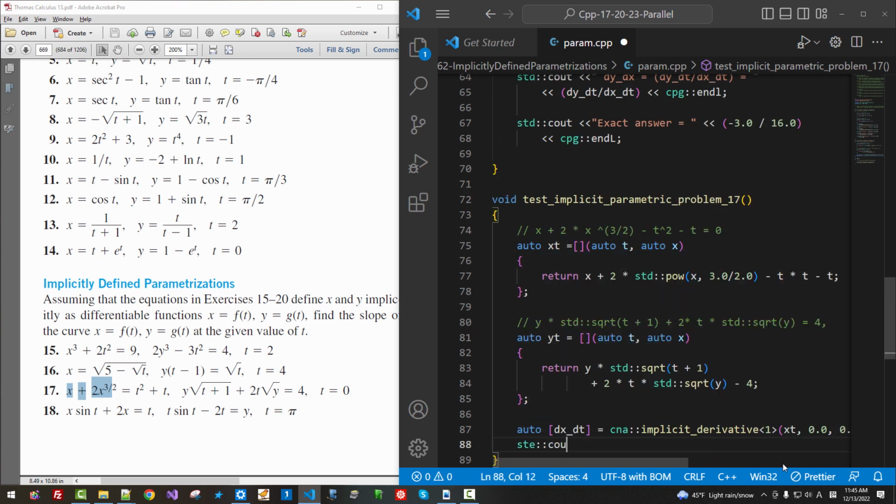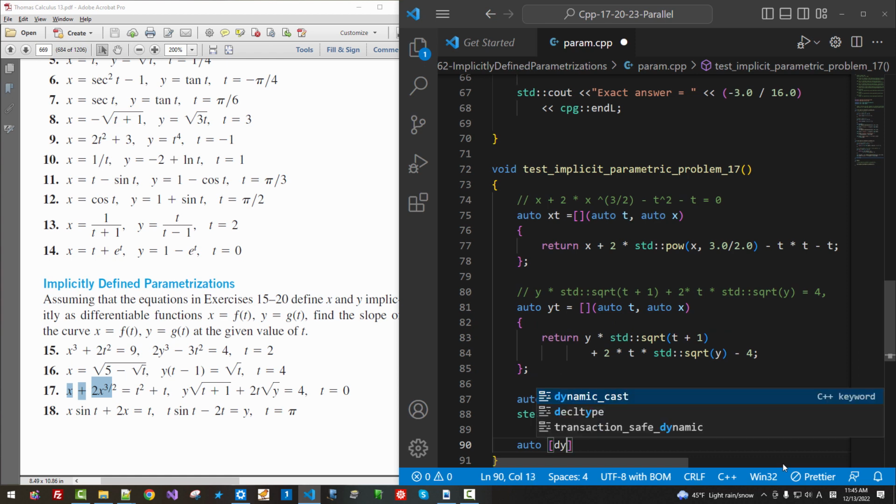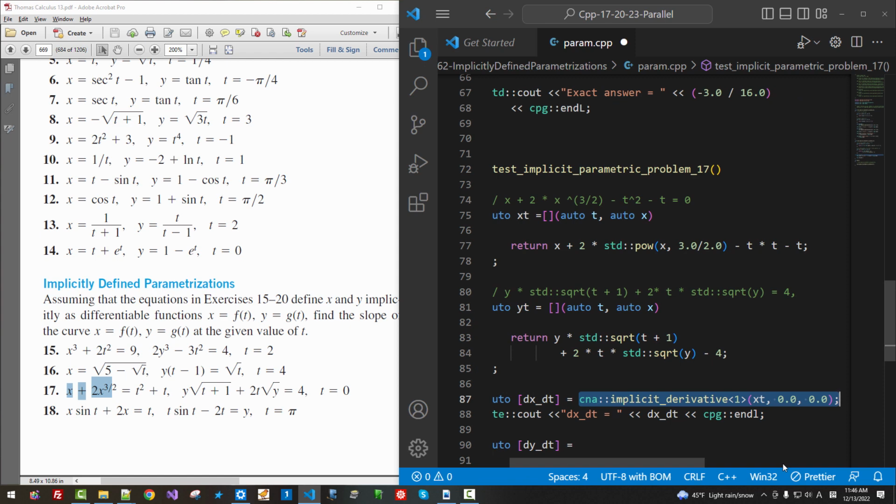STD cout dx over dt, dx over dt CPG, and there auto dy over dt. I will simply copy paste. Now this is yt.